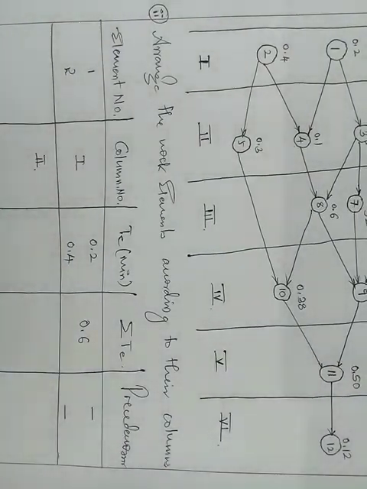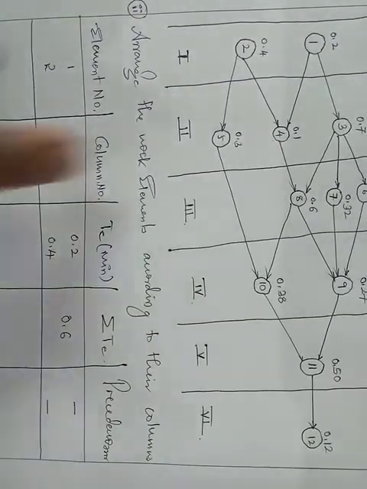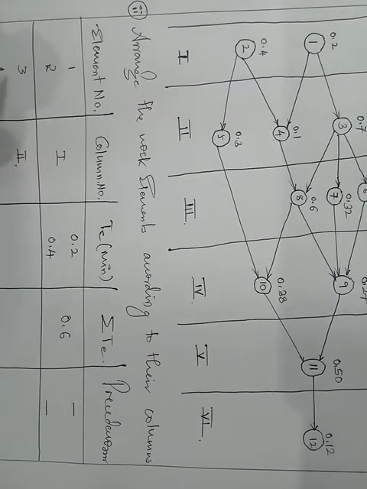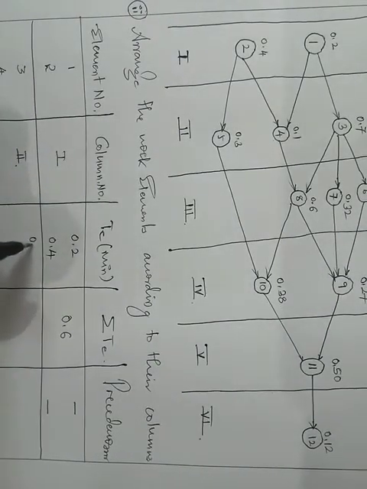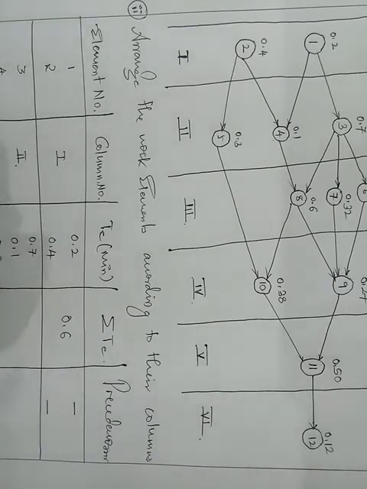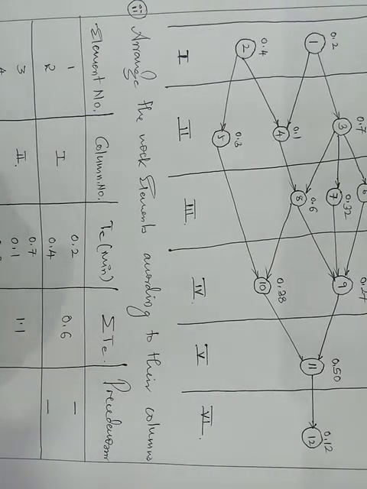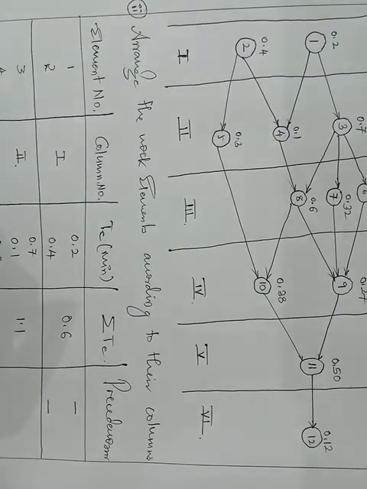In column number 2 there are 3, 4 and 5. So 3, 4 and 5. Work element times are 0.7, 0.1 and 0.3. Sum of them is 1.1. Immediate precedences, I can just check out the immediate precedences.